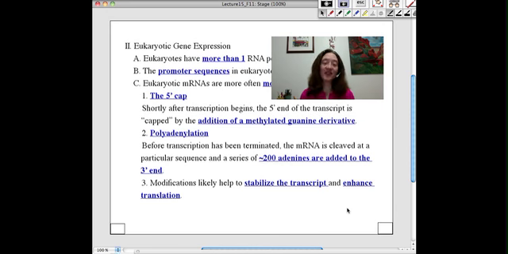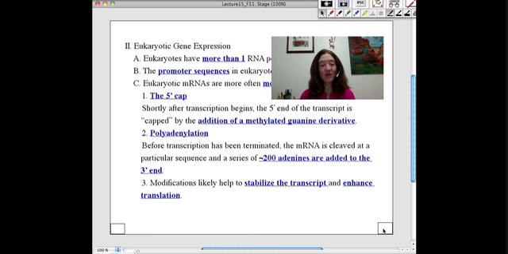Another one that I have a feeling most of you have heard of before is that in eukaryotic transcripts we also tend to see introns and exons. That is to say, we tend to see both coding and non-coding regions of the RNA, and those regions are termed introns and exons. The introns are the so-called non-coding regions, the exons, the coding regions.